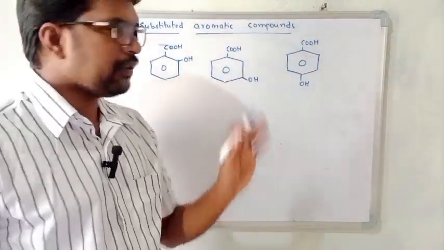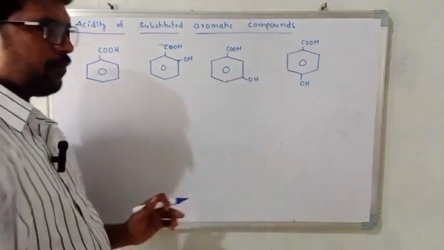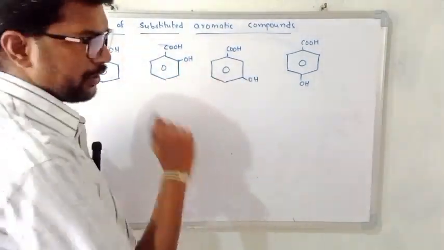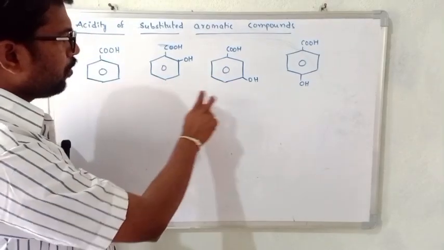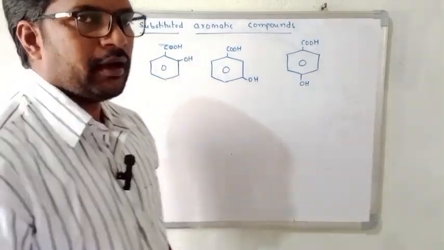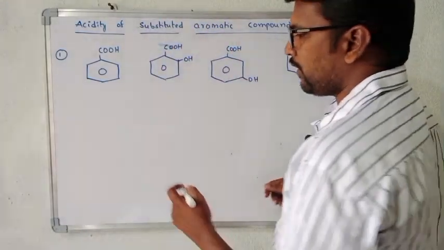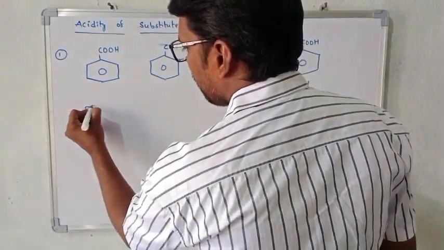When you compare these groups, COOH is common, that is benzoic acid. Now we see the substituent OH, OH, OH, presented at ortho, meta, para. While explaining the acidity of benzoic acids, one effect is present, called the ortho effect.